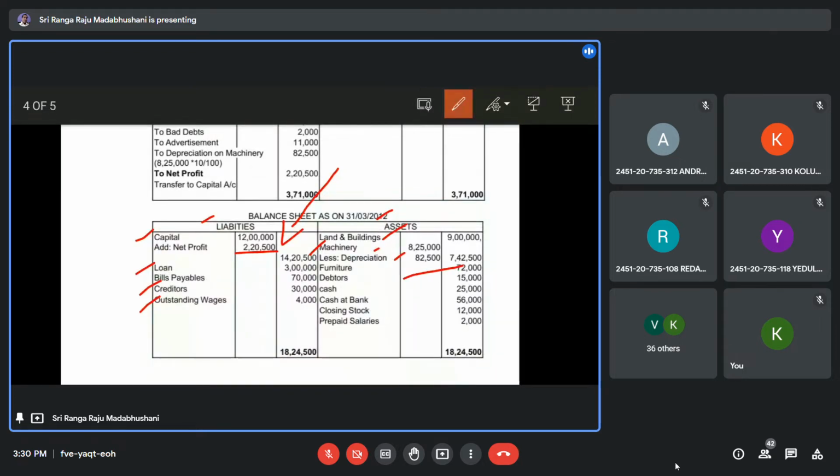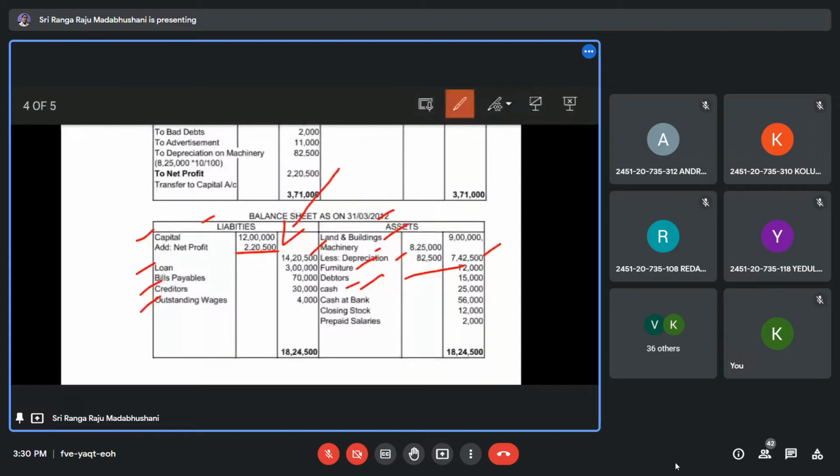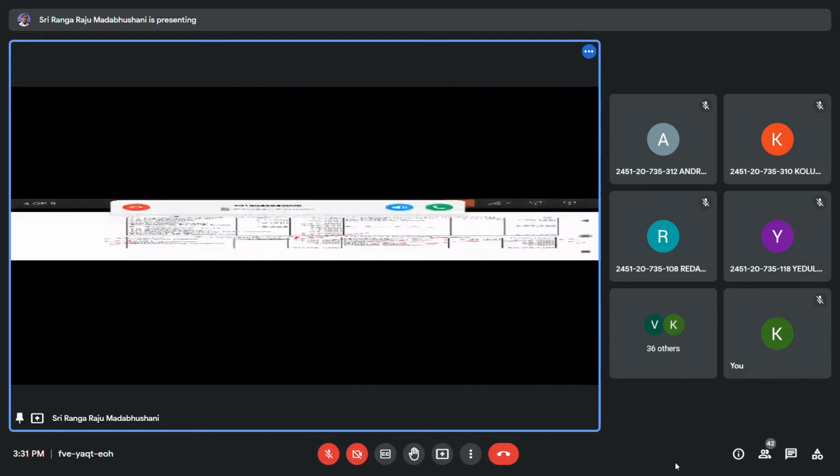We subtract that depreciation, then the balance will be shown in outer column. Furniture, debtors, cash, cash at bank, stock from adjustment.